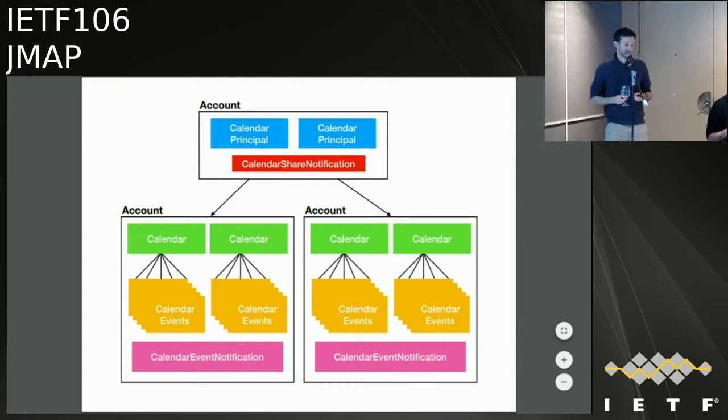Essentially, the calendar event notification data type, let's start with that, is just a log of every change that's happened to events in this account. So when you add something, update something, or destroy something, and then you expose a subset of that. Basically, you expose everything where the change was not made by the user that is viewing the account.